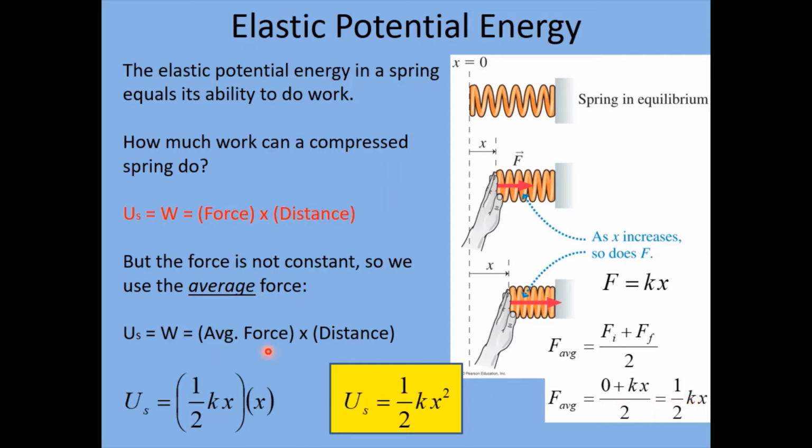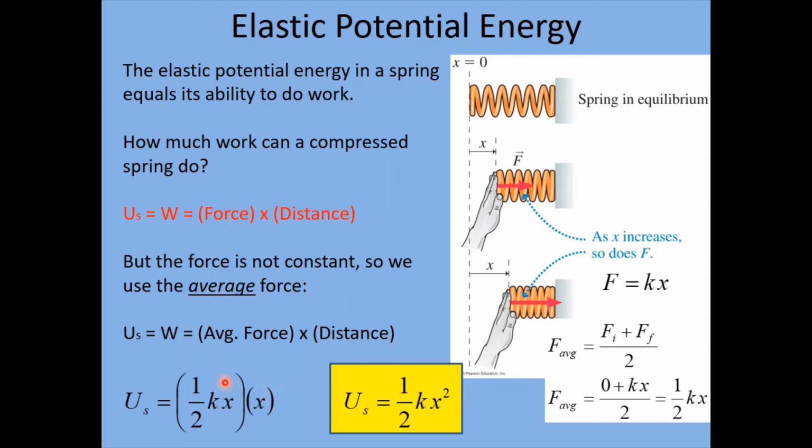So what we can do now is calculate the elastic potential energy in a spring. U sub s, the s stands for spring, is equal to the average force times distance. This is the ability of the spring to do work. So the average force is 1/2 kx, and the distance is x.